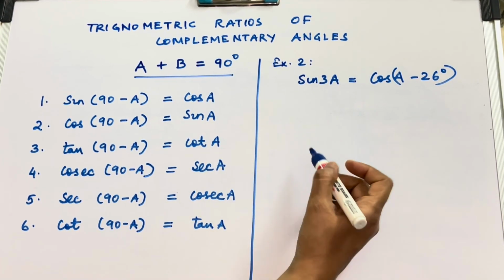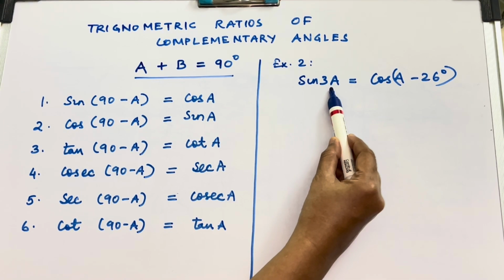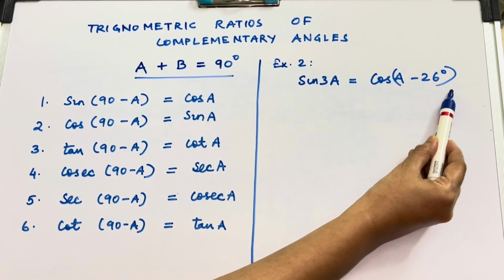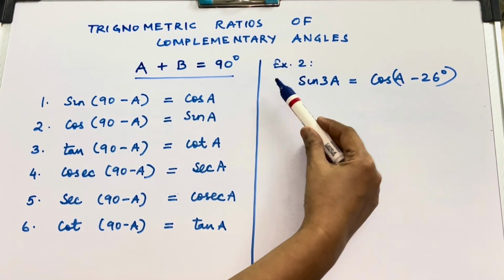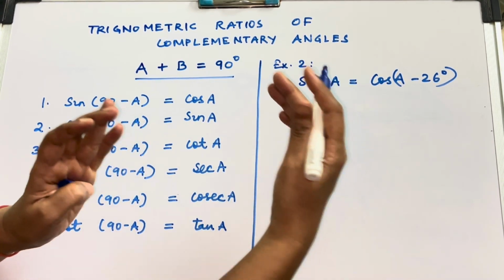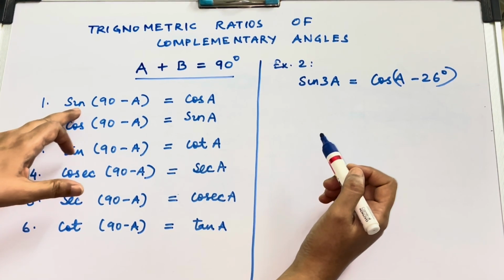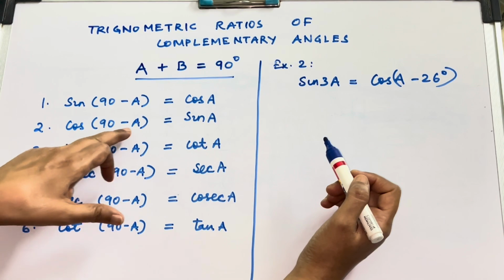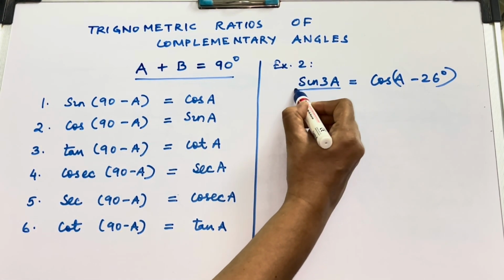The question given to us is sin 3A is equal to cos A minus 26. I can only solve if both the sides have similar variables. Our first ratio is sin 90 minus A is cos A, and cos 90 minus A is sin A. Now, here I have sin 3A.